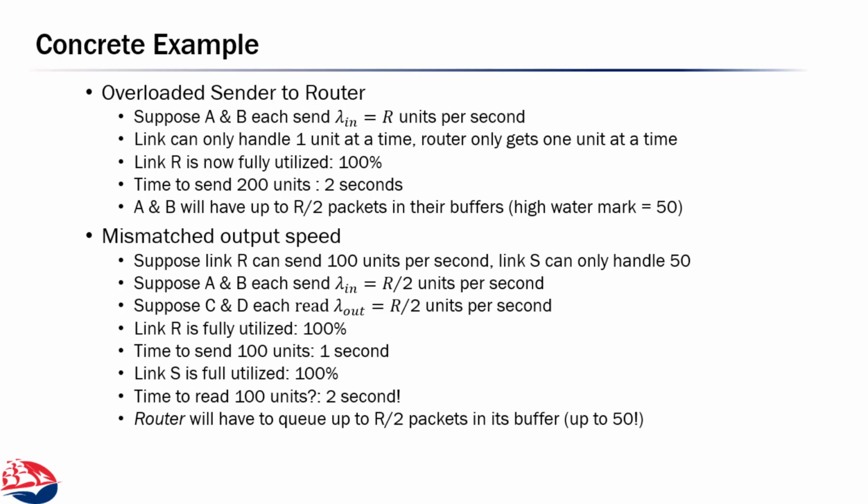So that's one condition. The fourth condition is that we have a mismatched output speed. Suppose that the link in is faster than the link out. Now the data leaving the senders is going to leave faster than it can leave the router. And so now we're shifting the burden of the queue size, buffer size, onto the router.